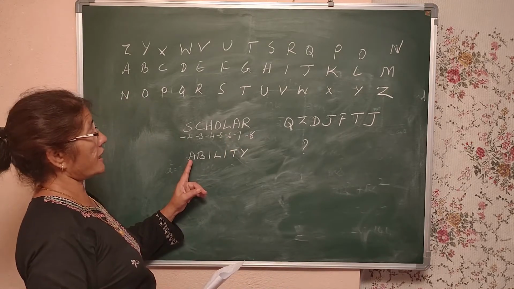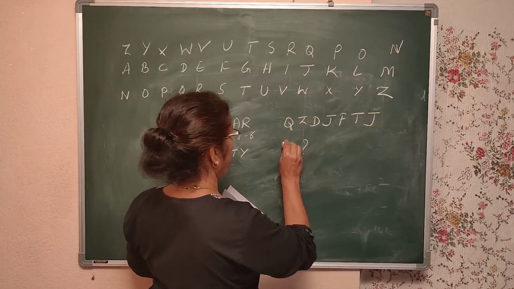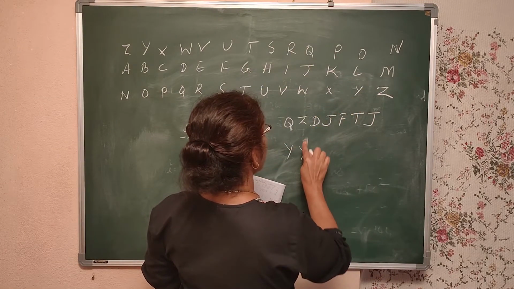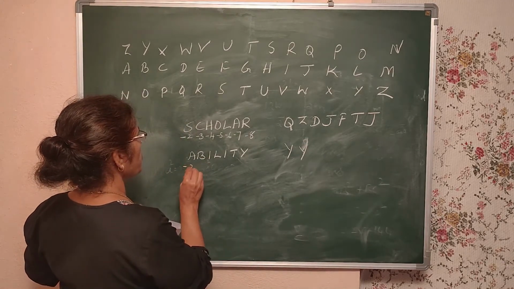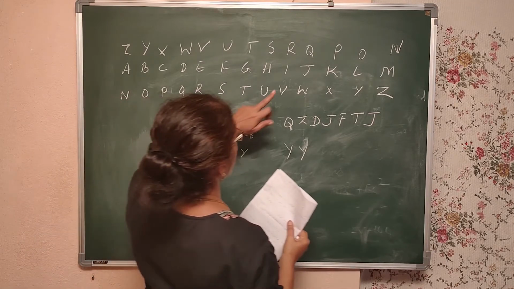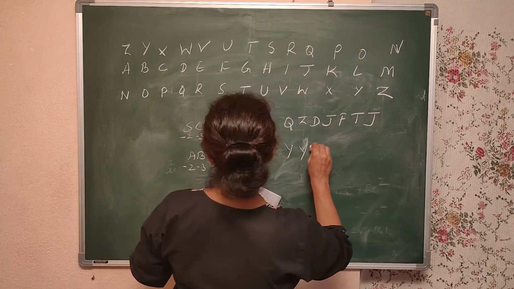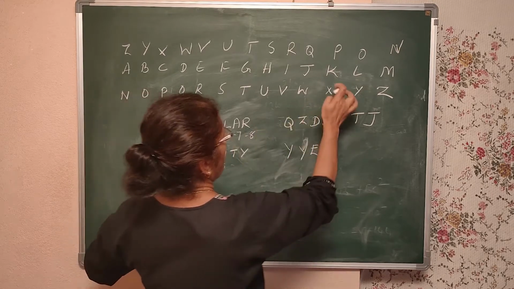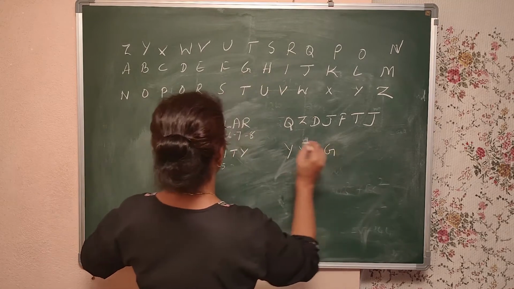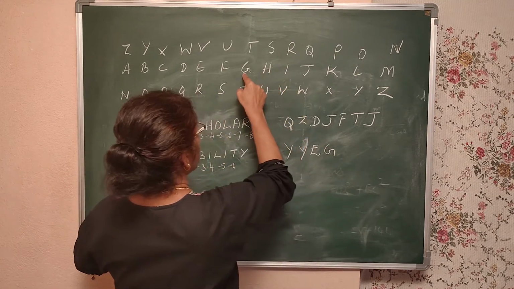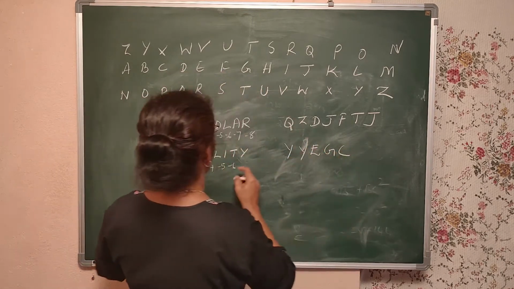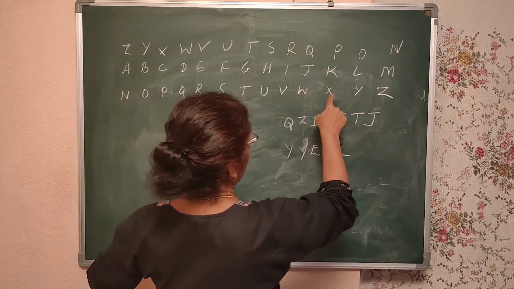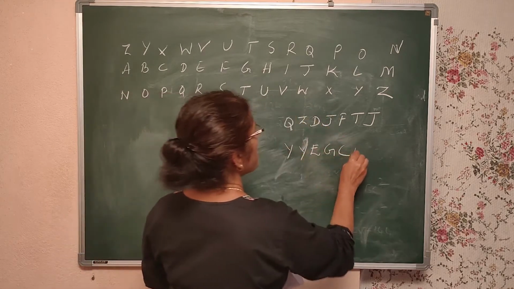So for A, you have to start from minus 2: 1, 2, Y. B, minus 3: 1, 2, 3, Y. I, minus 4: 1, 2, 3, 4, E. Then L, minus 5: where is L? 1, 2, 3, 4, 5, G. I, minus 6: where is I? 1, 2, 3, 4, 5, 6, C. Y, minus 7: 1, 2, 3, 4, 5, 6, 7, R. So what is your answer?